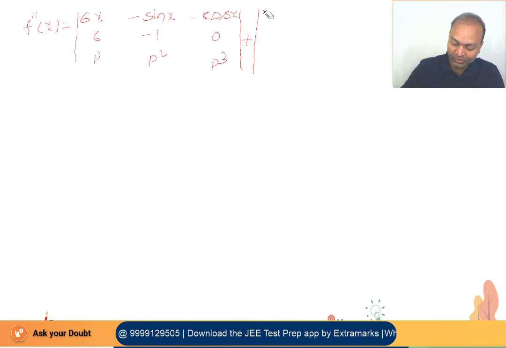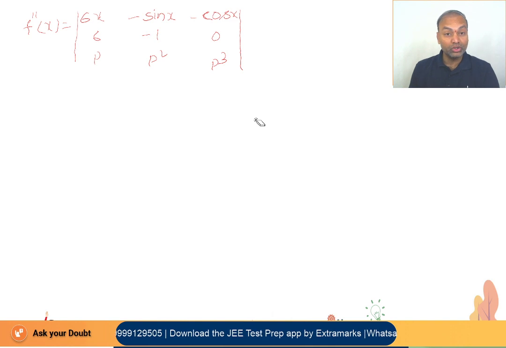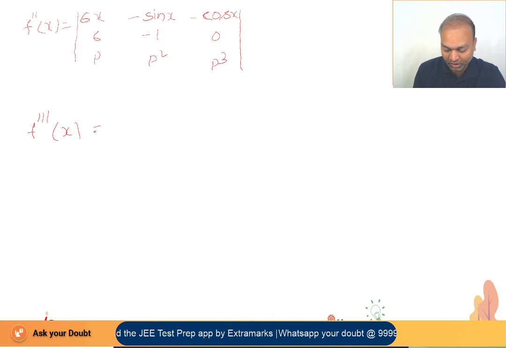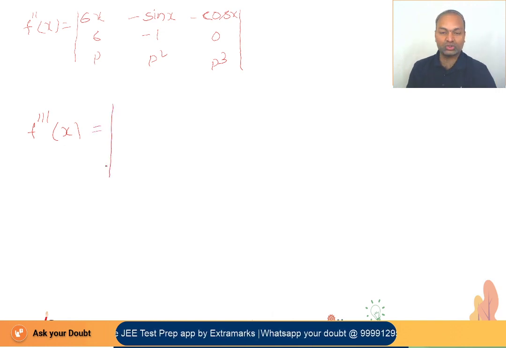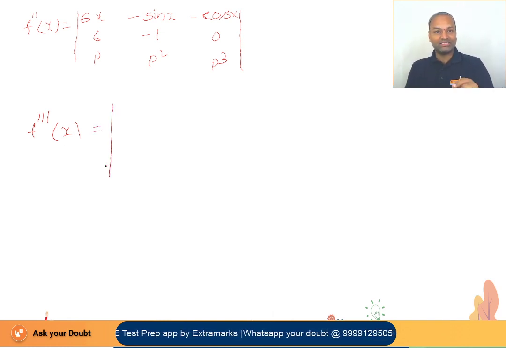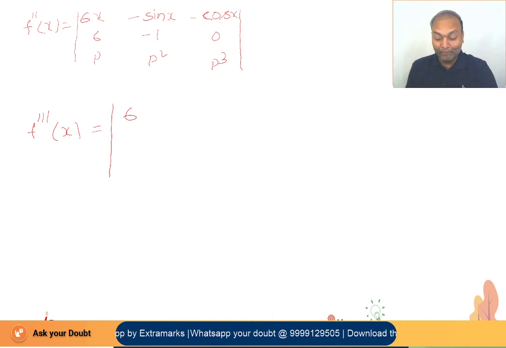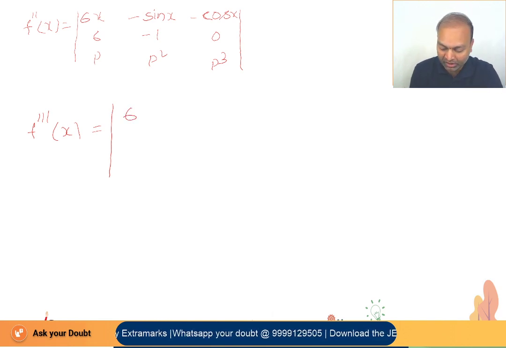Okay. Fine. Then next coming to the third derivative. See here f triple dash of x. Again differentiate this one. See here 6x, the derivative of 6x is what? 6. Minus sin x, the derivative of minus sin is cos.